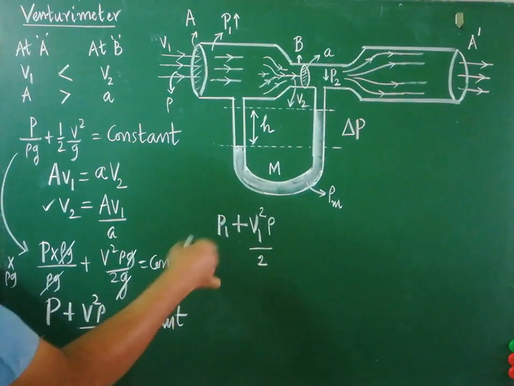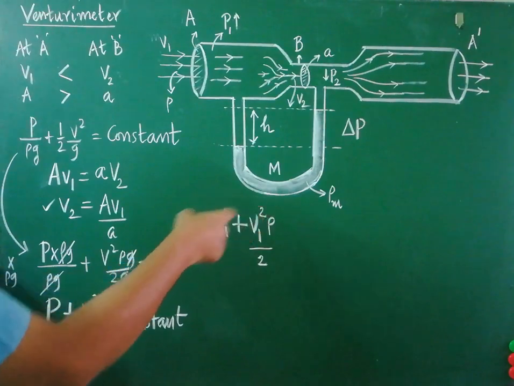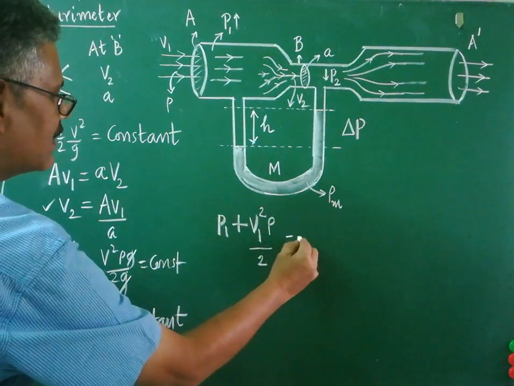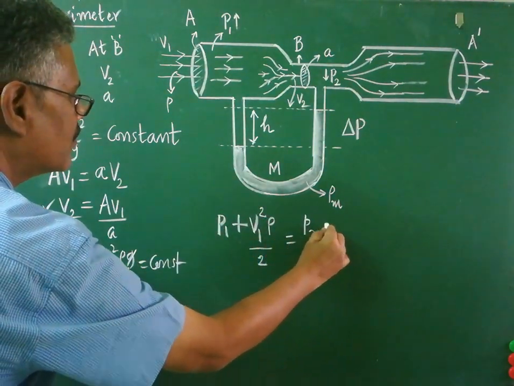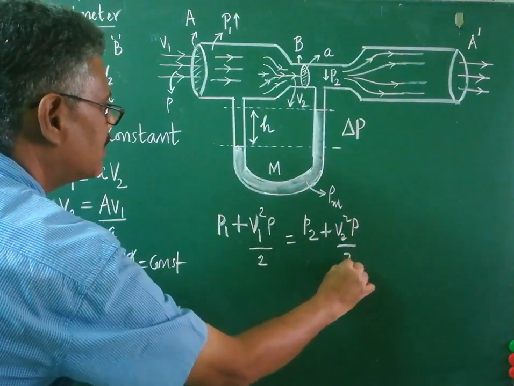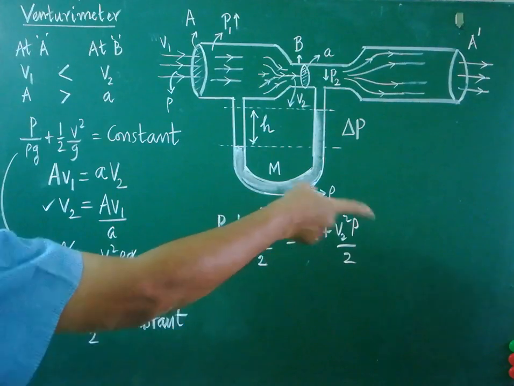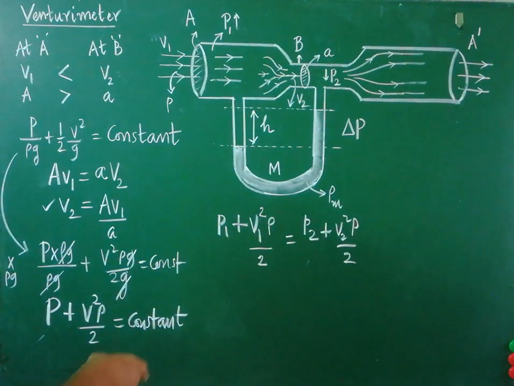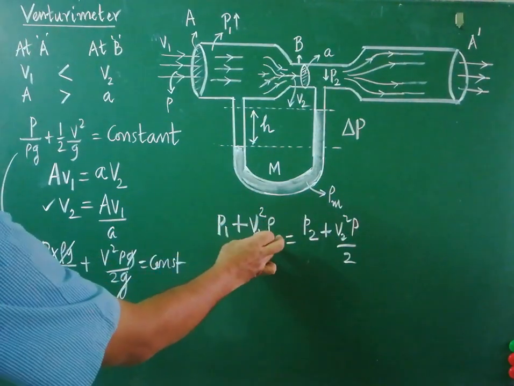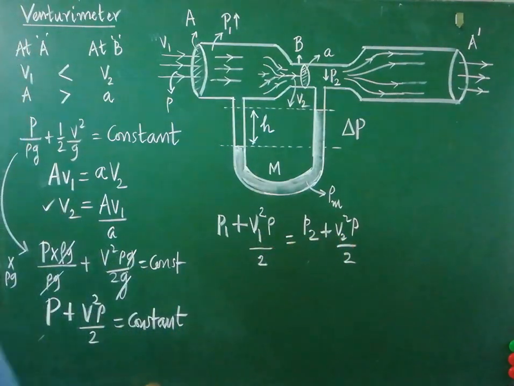This can be equated with the same kind of equation written for end B. Therefore I can write it as P2 plus V2 square rho divided by 2. Are you clear? Both are equal to a constant. Understood? This is the equation written for end A, and this is the equation written for end B.